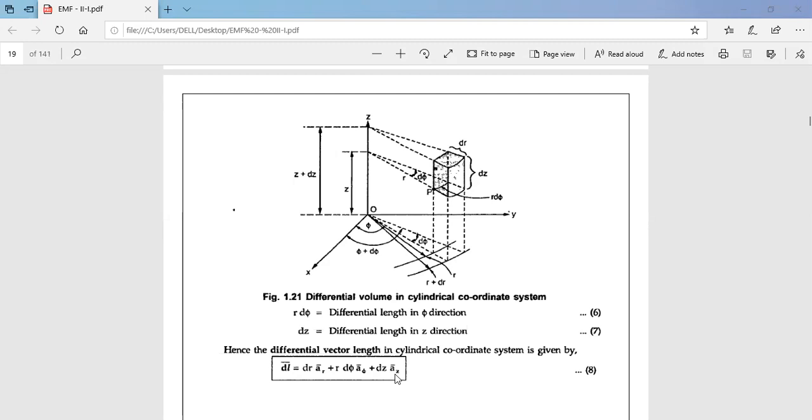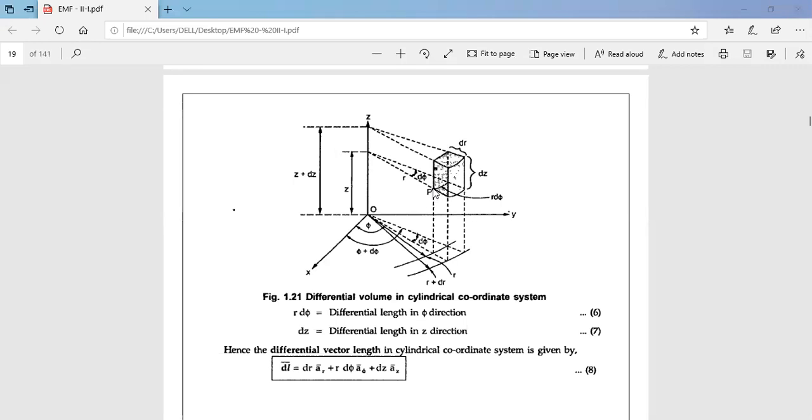Go back over that one more time, sir, please. All right. You see how your differential length along the radius is dr, right? What is your differential length? A small change in R. So it's dr, right? Yes, sir.